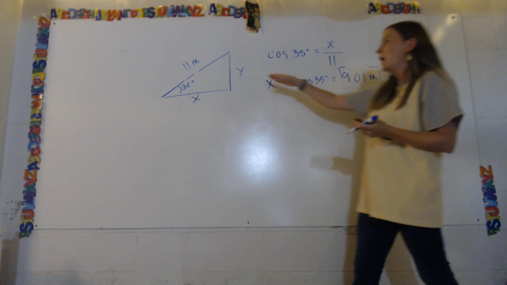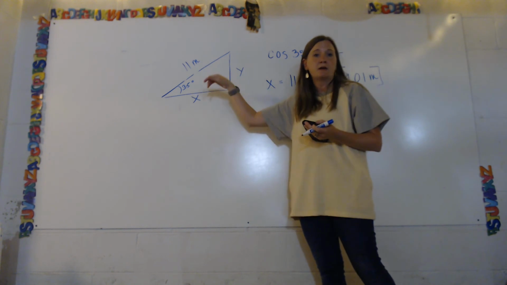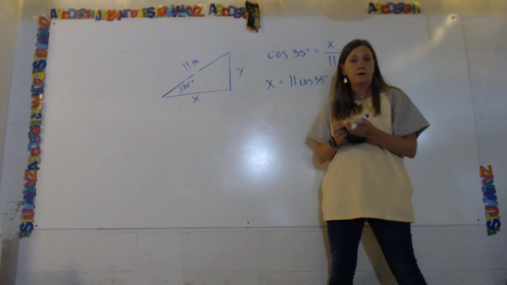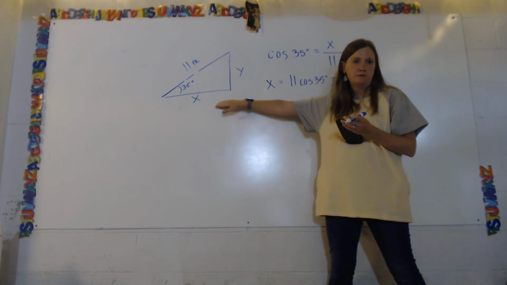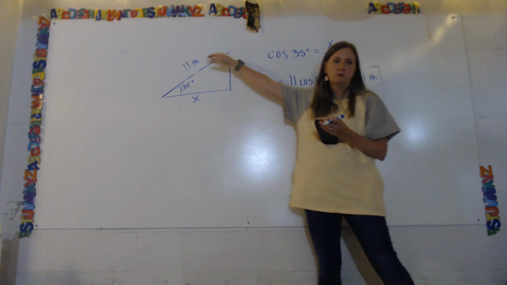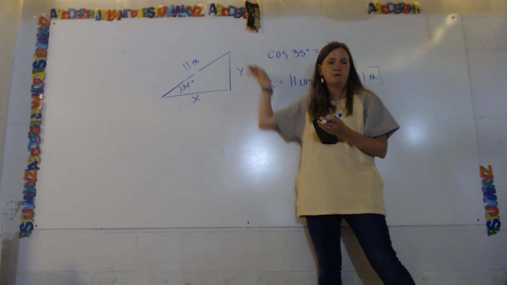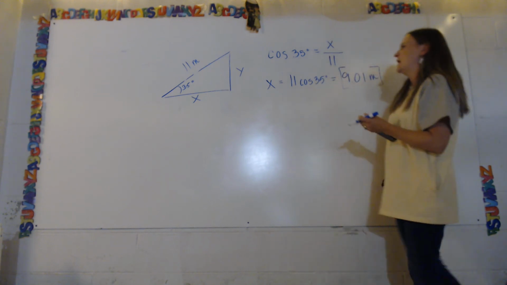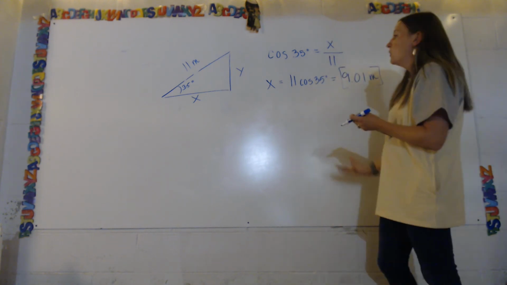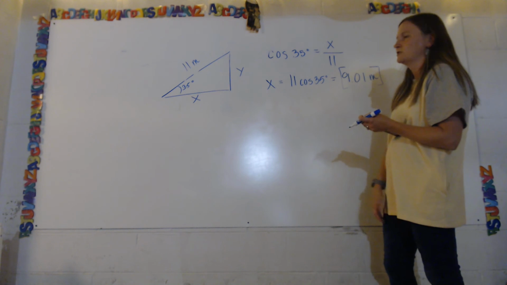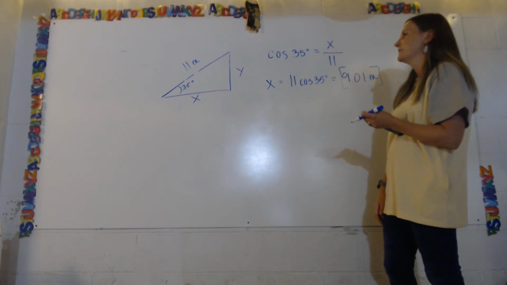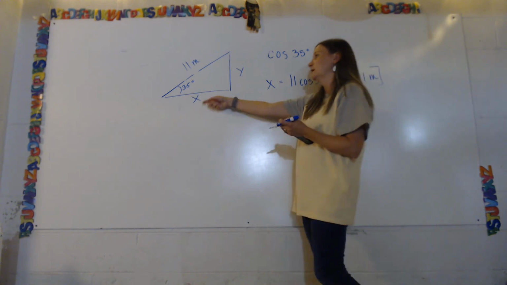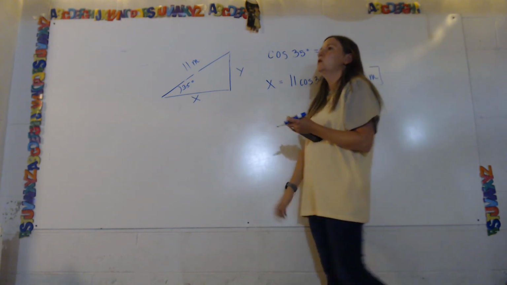And then to find y, now that I know two sides, I've got a couple of options. One option, I could use the Pythagorean theorem. So I can say x squared, which I now know, plus y squared is equal to 11 squared, right? That a squared plus b squared is c squared. You saw that probably in geometry, maybe even junior high. So I could use that to solve, or I can use a different trigonometric function. That's what I'm going to do just because we're reviewing that. I could use tangent because I know the adjacent and I want to find the opposite, or I could use sine.